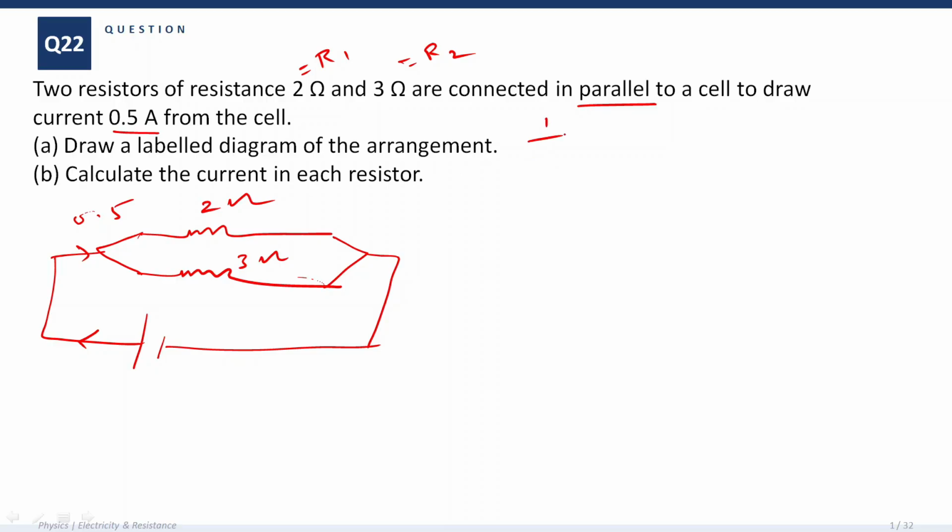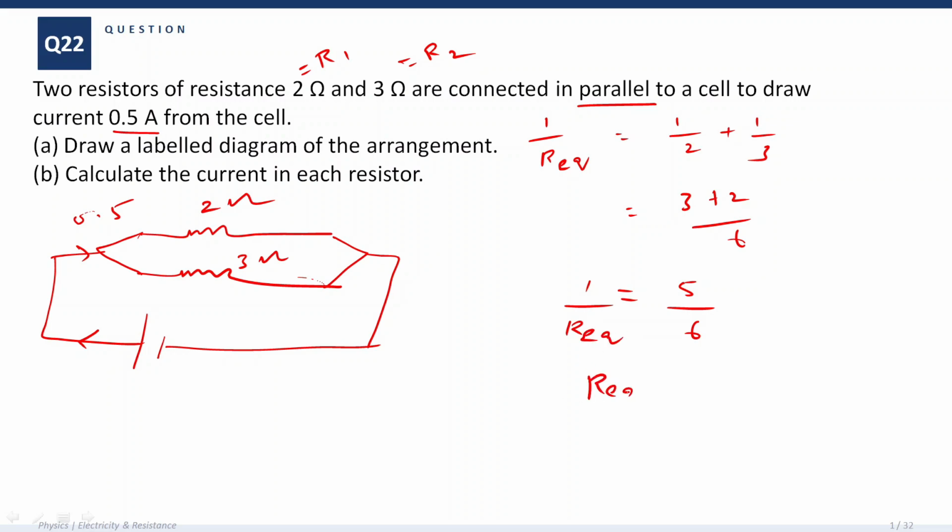1 by R equivalent equal to 1 by 2 plus 1 by 3. That is 3 plus 2 by 6, that equal to 5 by 6. Is 1 by R equivalent. R equivalent equal to 6 by 5.